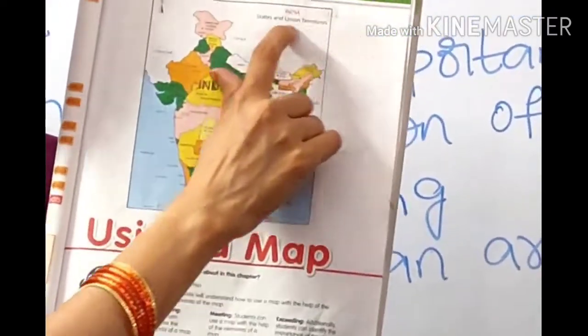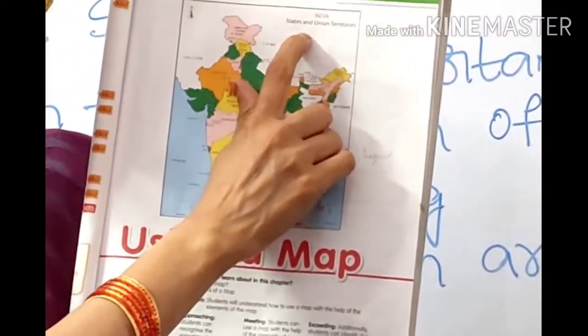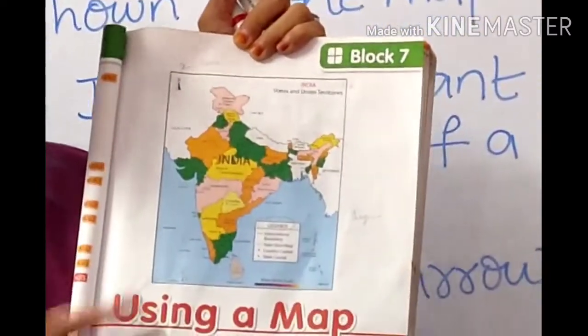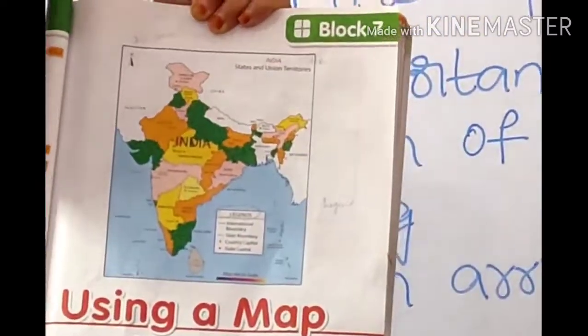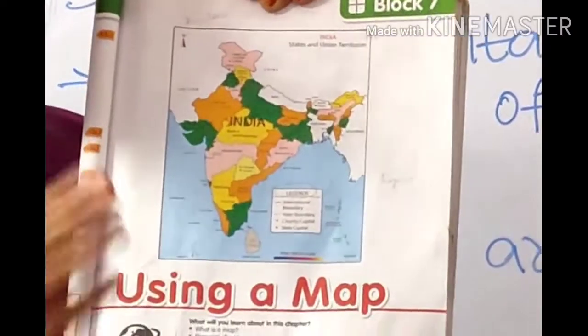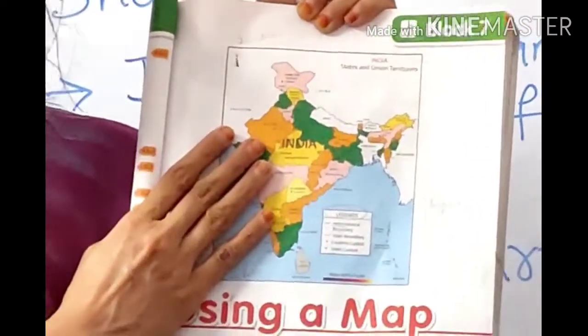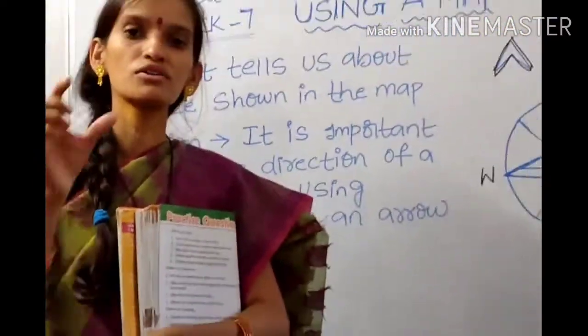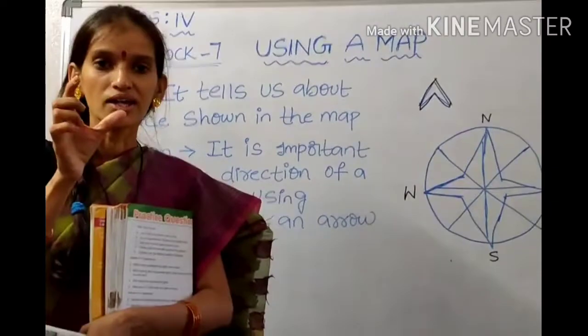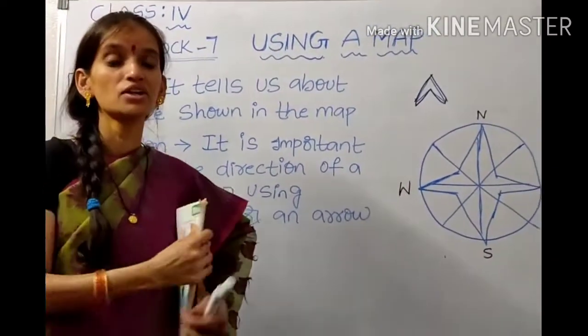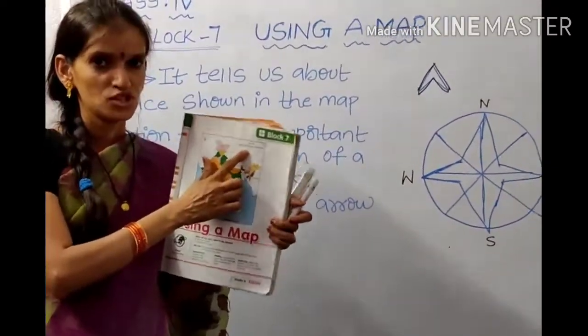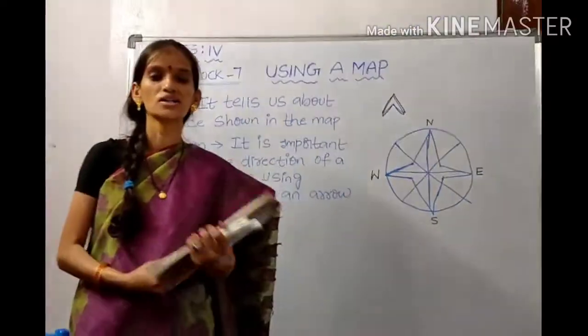This is called a title. If you want to know about a particular place, you can refer to that place's map. Here we have taken the India map. If you want to know about Chennai, you can refer to a Chennai map. Like that, the title will be given on the map. So this is about the title.